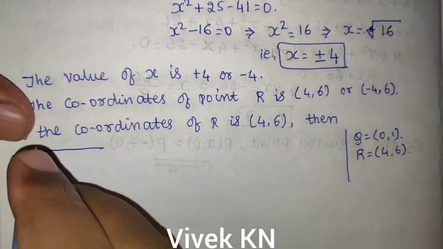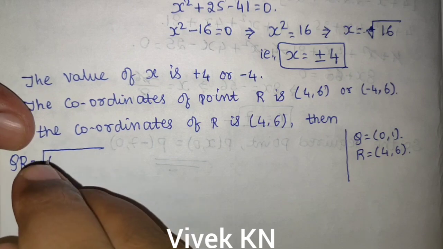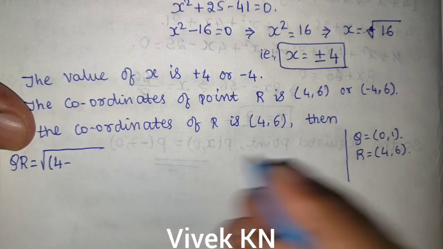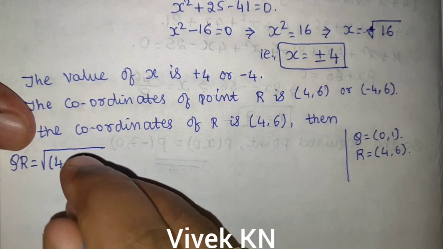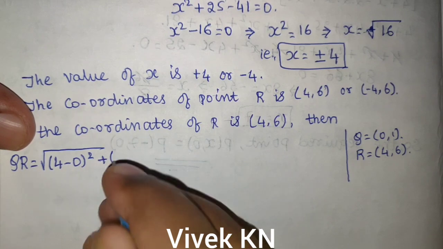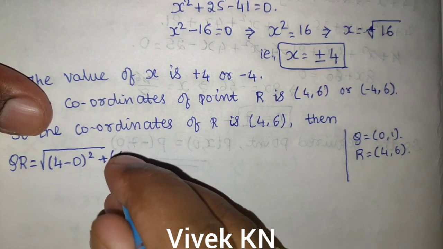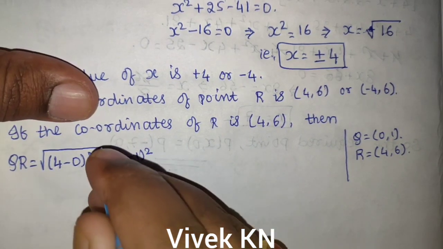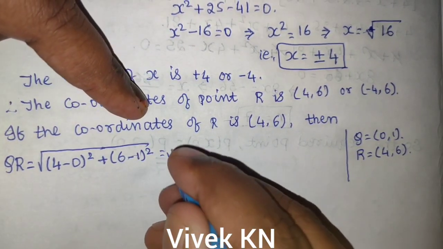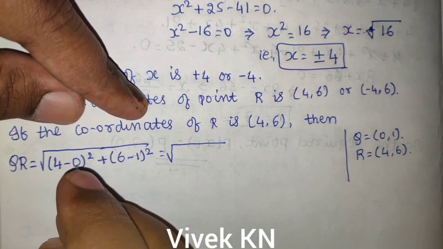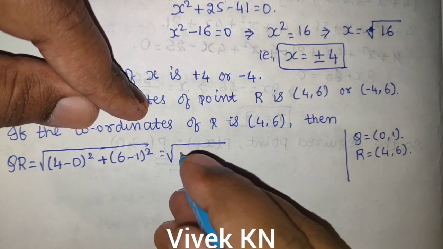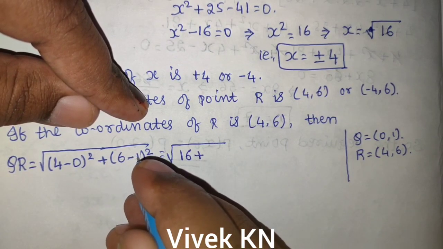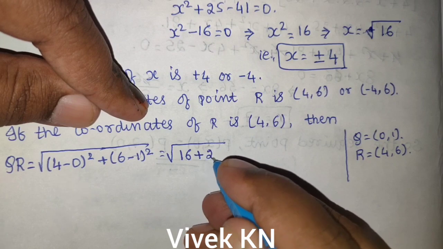The distance formula is given by under root of x2 minus x1 whole square plus y2 minus y1 whole square. x2 is 4 minus x1 is 0 whole square plus y2 is 6 minus y1 is 1 whole square, which is equal to under root of 4 minus 0 is 4 only. 4 square is 16 plus 6 minus 1 is 5. 5 square is 25.